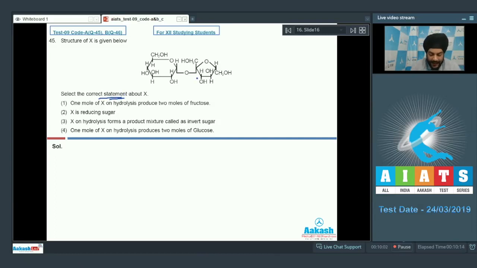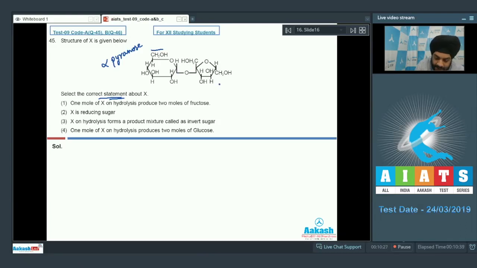So if you look very carefully at the structure of X, we can see that we have a pyranose on the left and we have a furanose on the right. The pyranose given to us is alpha. So we have alpha pyranose, as the CH2OH and the OH groups, which is now converted into acetal linkage, are trans to each other.